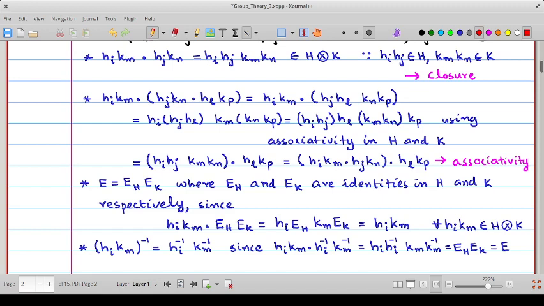But then this can also be written as HIHJ dot HL, and this follows from the group composition law in the direct product.